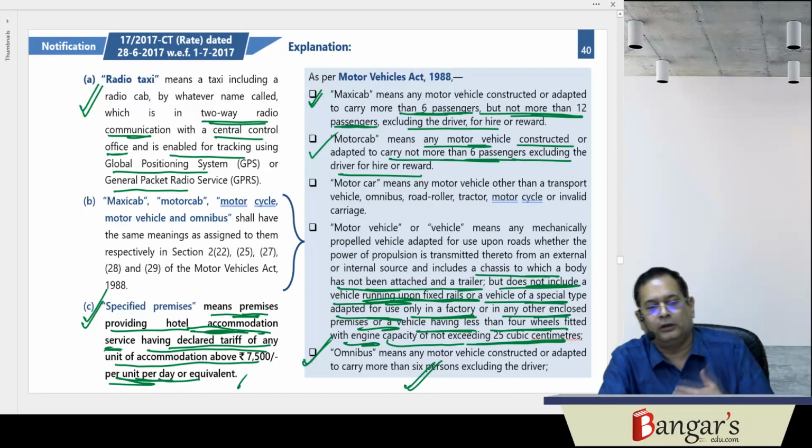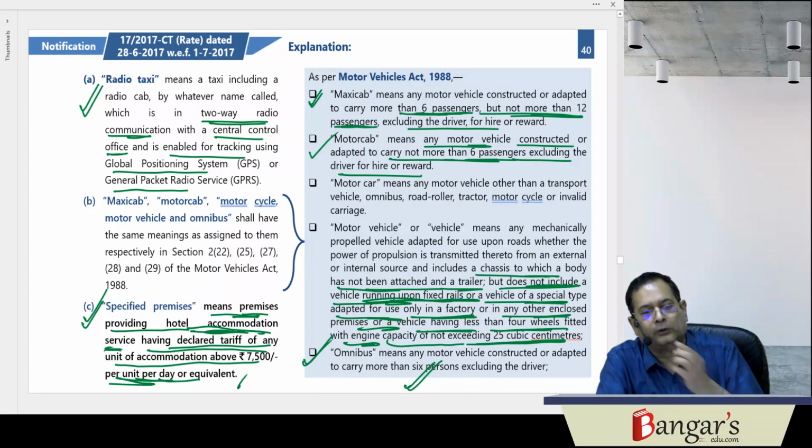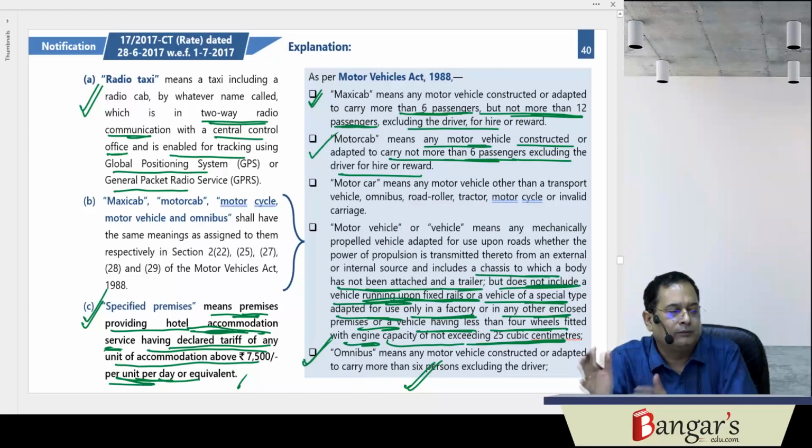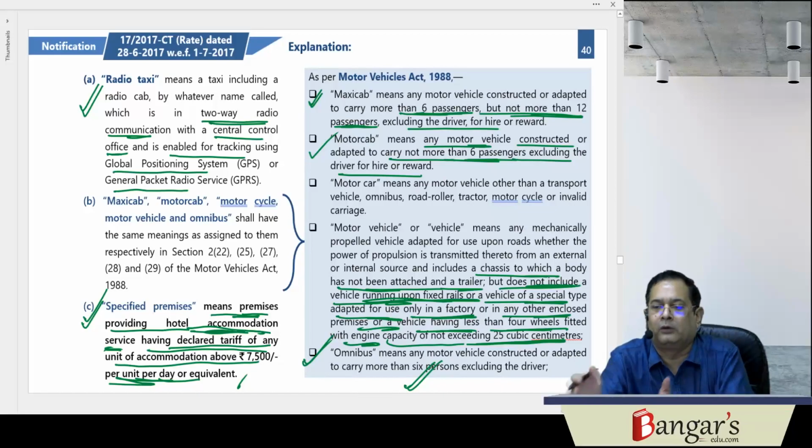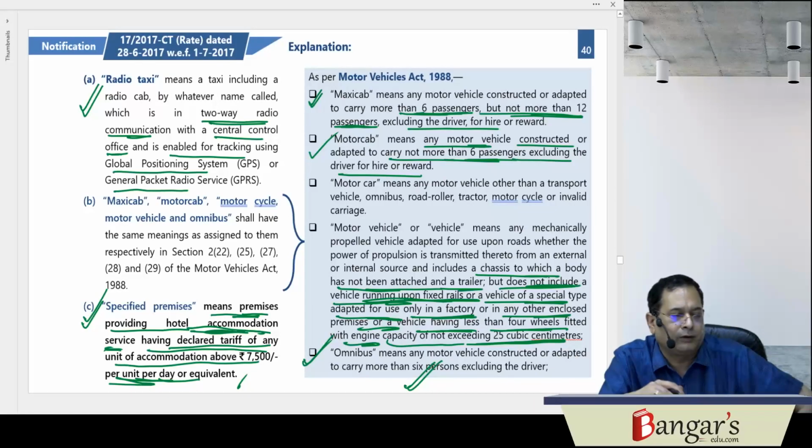So these are basically the hotels. If the declared tariff is 7,500 per unit per day or its equivalent, then in that particular circumstance they are out, their restaurants are out, but other restaurants will be covered.